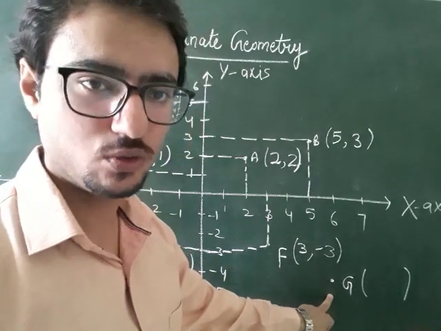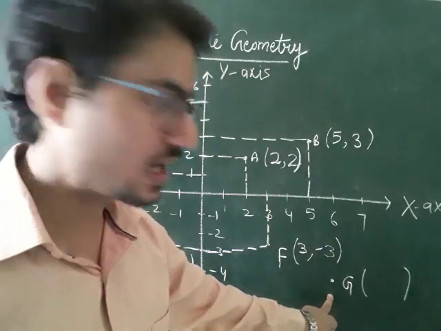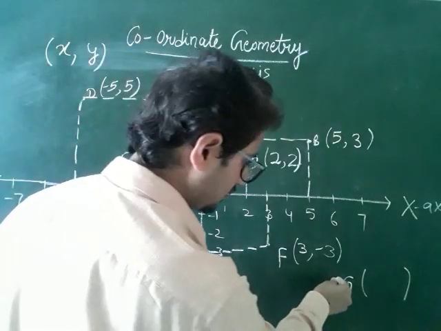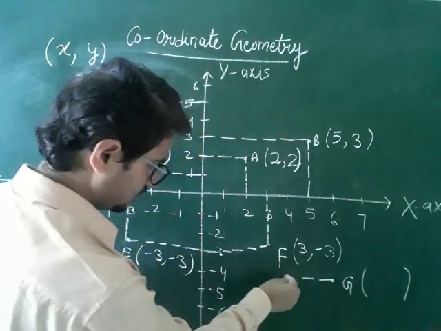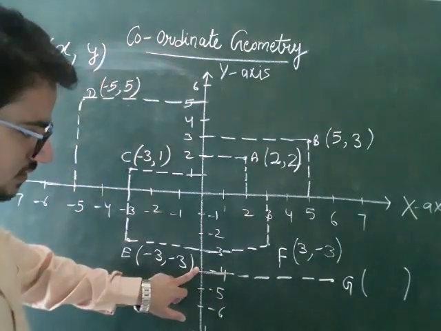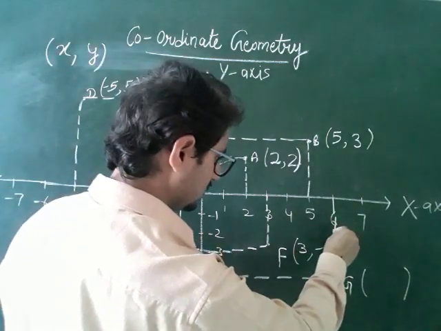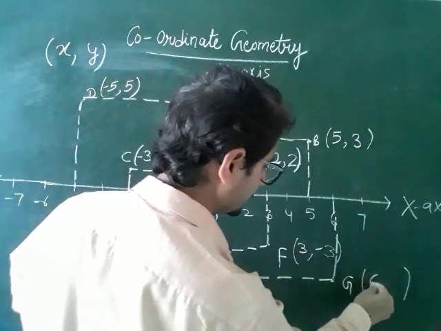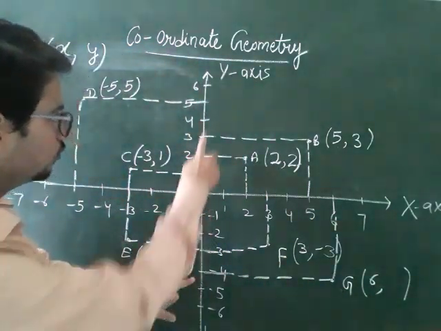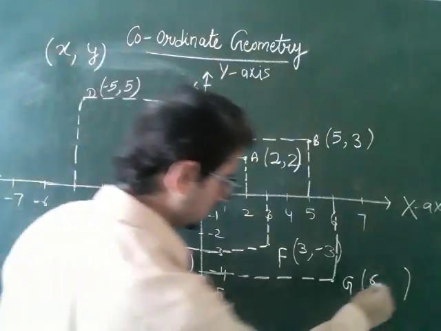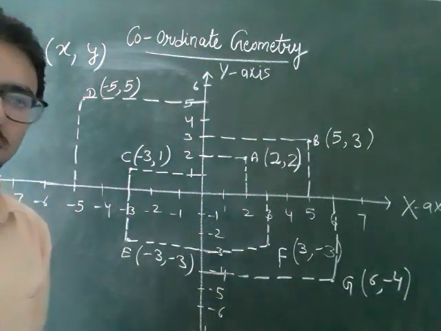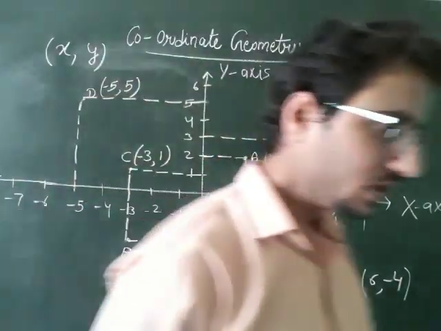Similarly, we will do the work for the coordinate G. Draw a perpendicular line from G on y-axis and on x-axis. The value of x is +6 and the value of y is -4. So 6, -4 is the coordinate of point G.